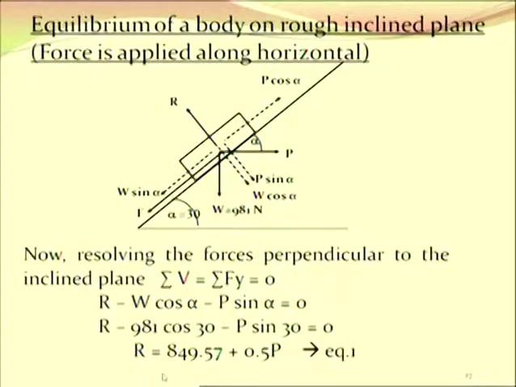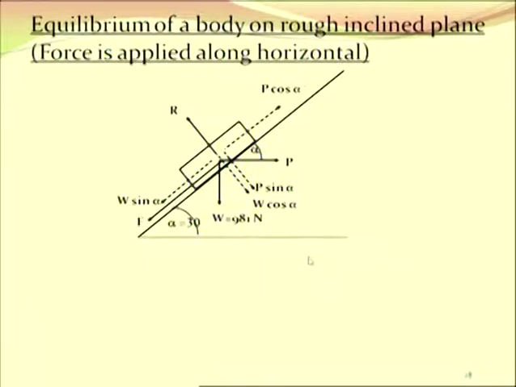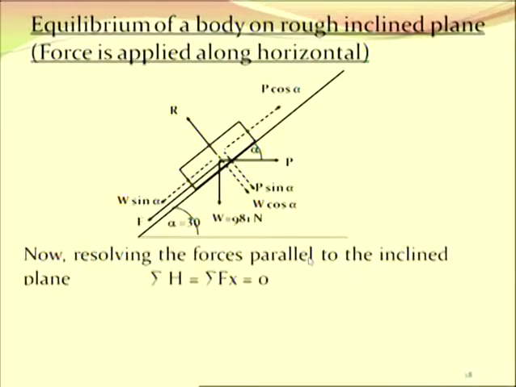So R is equal to 849.57, by multiplying these two, and sin 30, that is 1/2, so it is 0.5 P. That becomes our equation number 1, and we have found R in terms of P. Now resolving the forces parallel to the inclined plane.